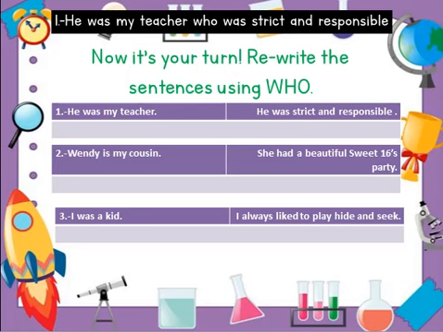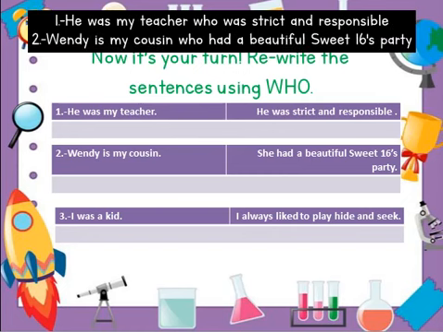She had a beautiful sweet 16 party. The answer is Wendy is my cousin who had a beautiful sweet 16th party. Okay, once again, notice we eliminate the second she and we replace it using who.